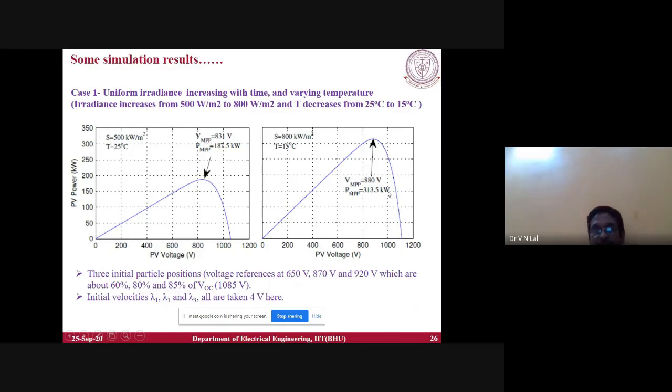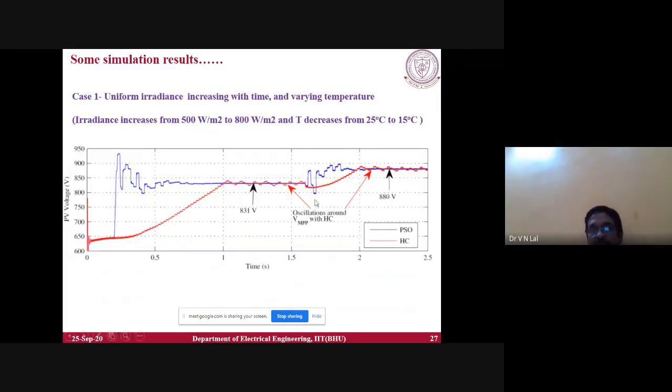I'm sorry to say that hill climbing is written here; hill climbing HC, don't be confused with this HC. HC is the hill climbing method. Hill climbing is another name for P&O. So consider this red one to be the P&O method, and PSO is this one, the simple one which we are discussing.